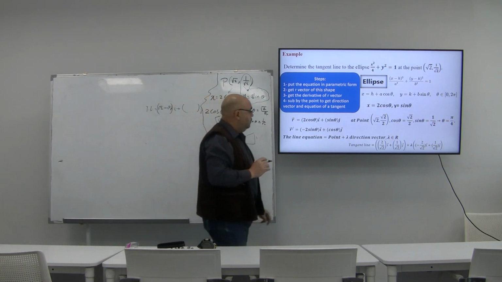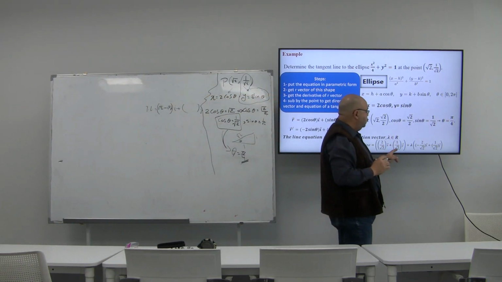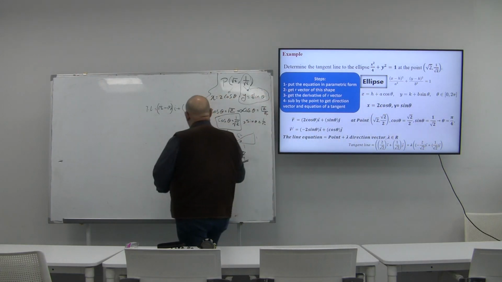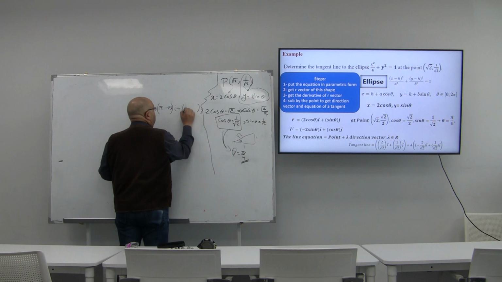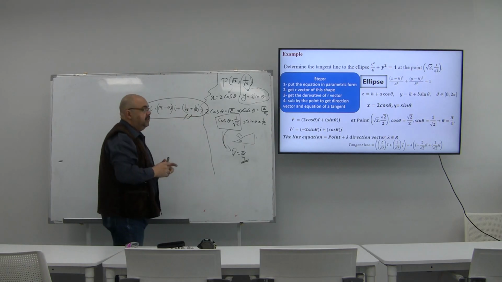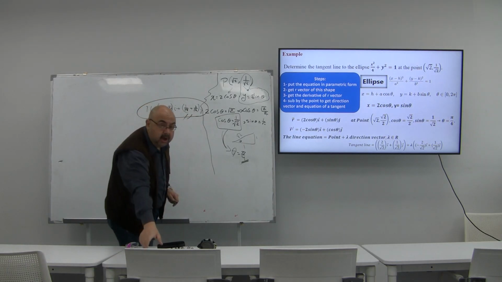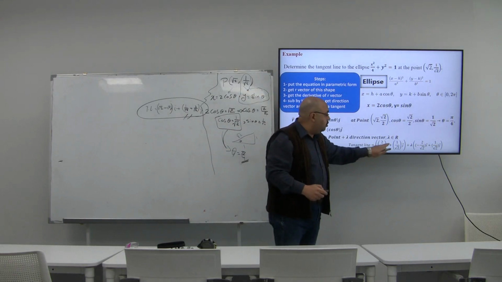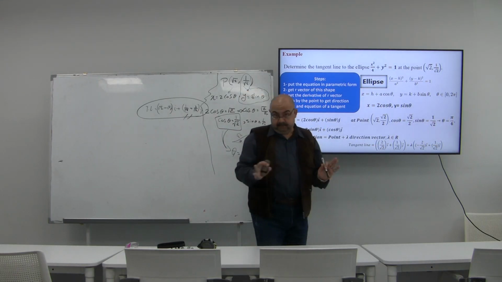For the rest of the components, this is going to be 1 over root 2, plus 1 over root 2 times lambda. So it's going to be 1 over root 2 plus lambda over root 2, and that's the equation of the tangent line if you want to separate the i component from the j component. Perfect.